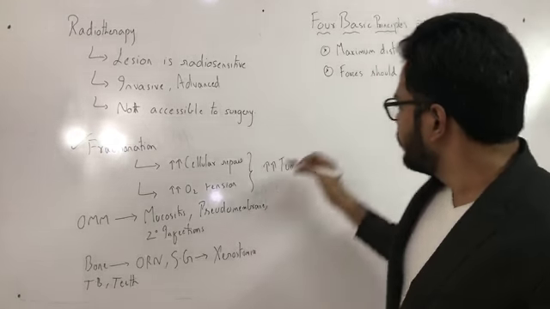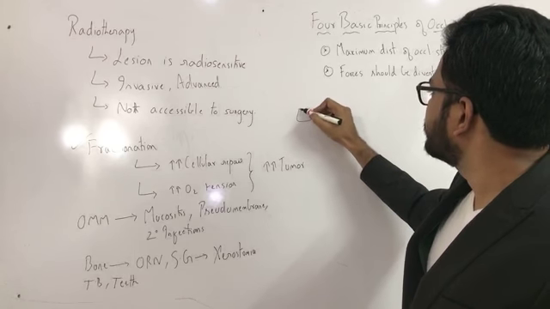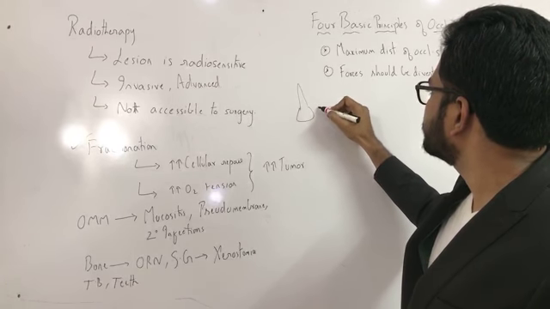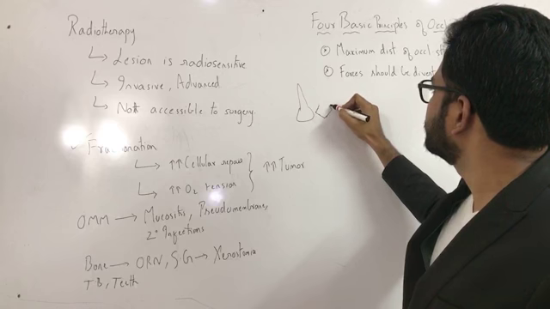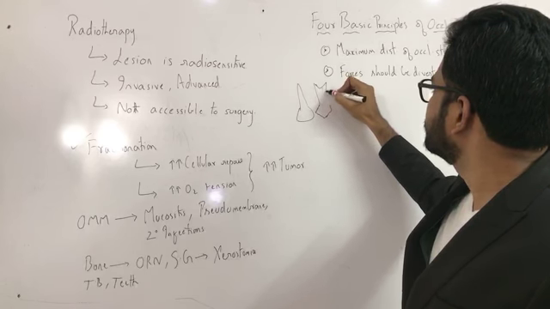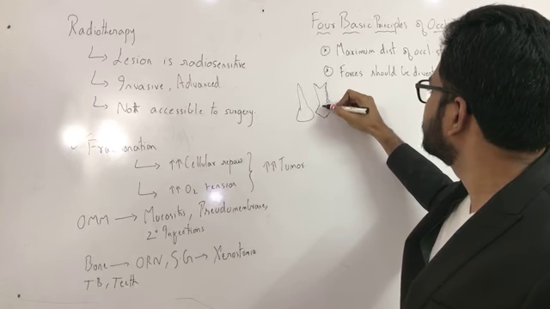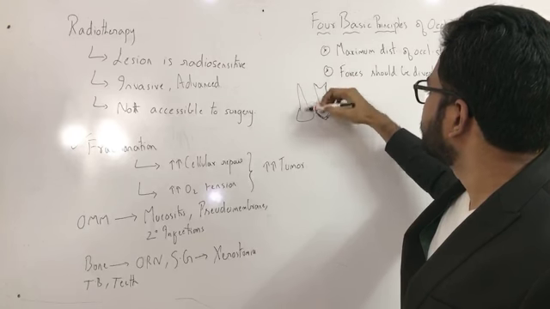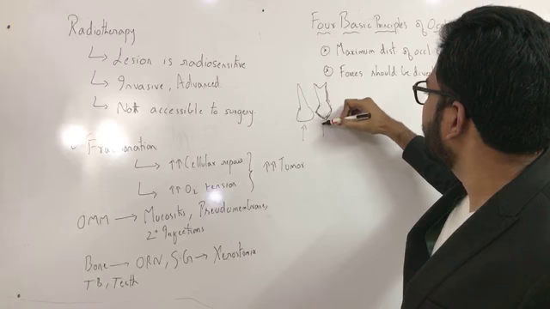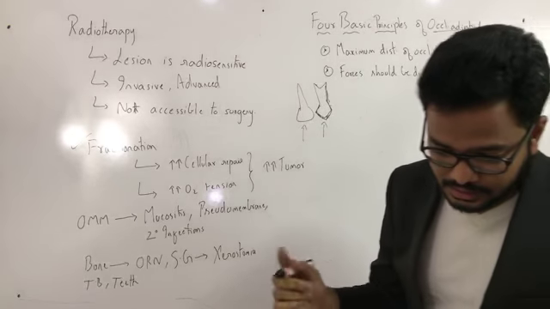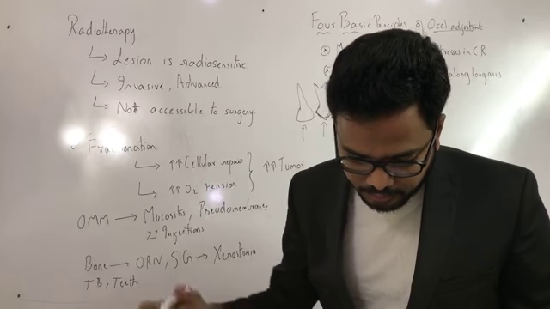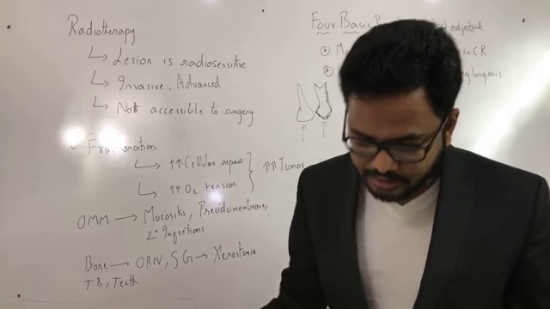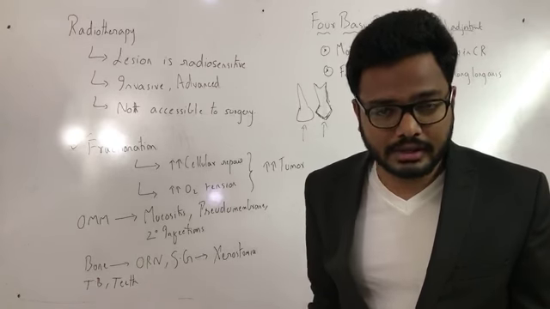For example, you have any tooth, the forces have to be directed along the long axis of your tooth. That's the second principle. So forces of occlusion should be borne as much as possible along the long axis of tooth.